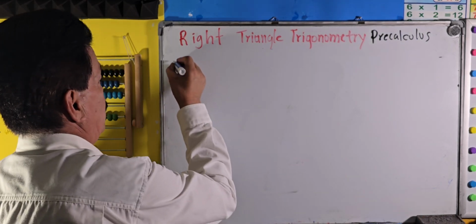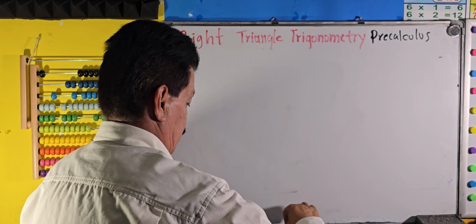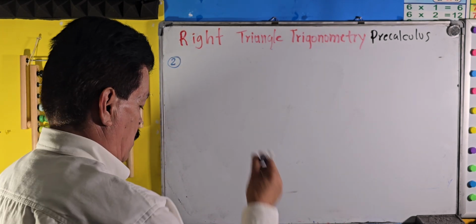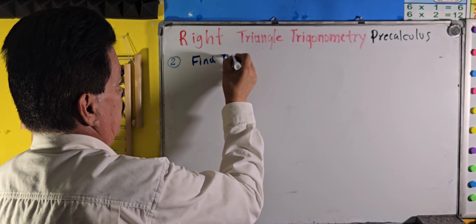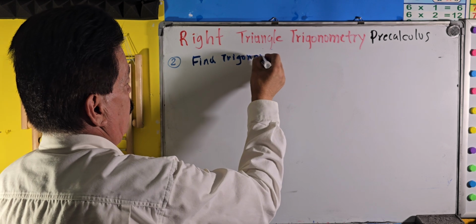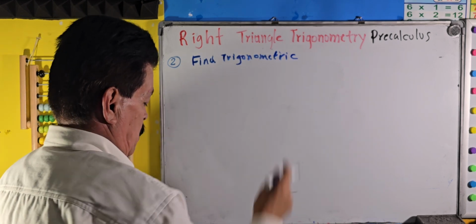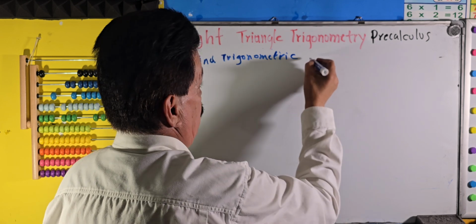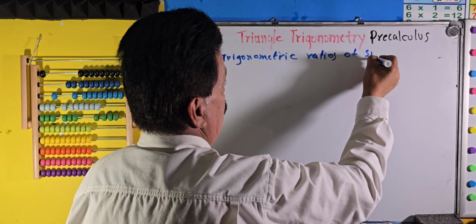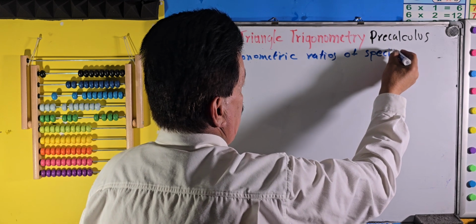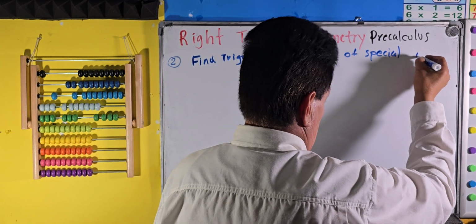This is topic number 2: find trigonometric ratios of special angles.